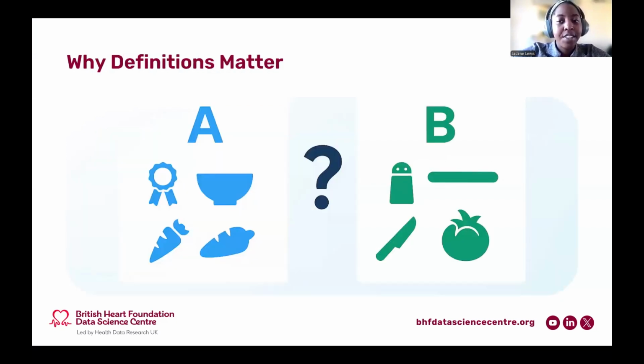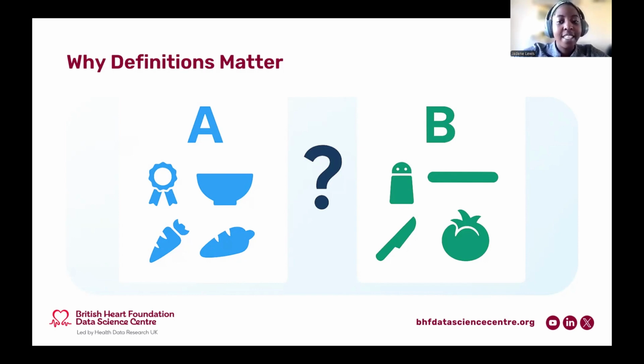In research, we often use electronic health records to study heart failure, but a really important thing to remember is that heart failure isn't always recorded in the same way. Some records of heart failure might come from general practitioners, some from hospital admissions, and some from tests or medications. So when researchers want to use heart failure data, they have to decide which of these things they're using in their studies.